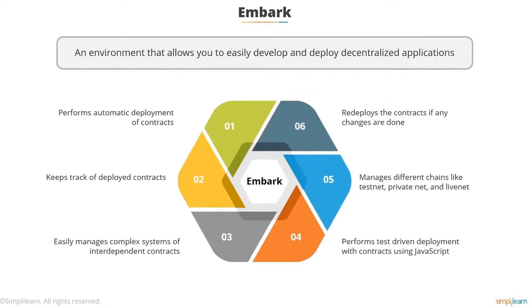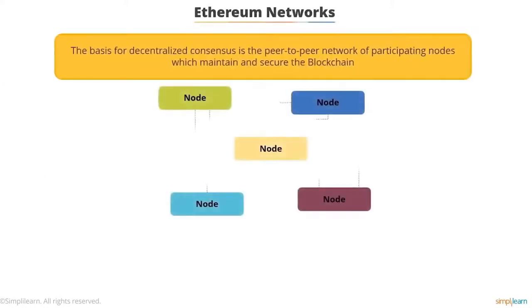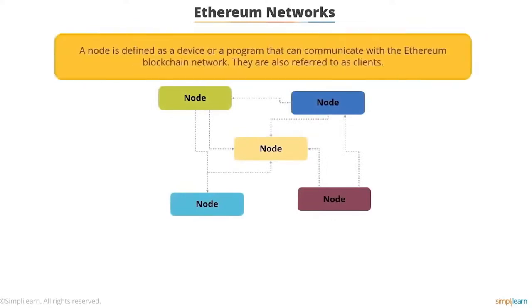Let's talk about Ethereum networks. Ethereum network. The basis for decentralized consensus is the peer-to-peer network of participating nodes which maintain and secure the blockchain. A node is defined as a device or a program that can communicate with the Ethereum blockchain network. They are also referred to as clients.